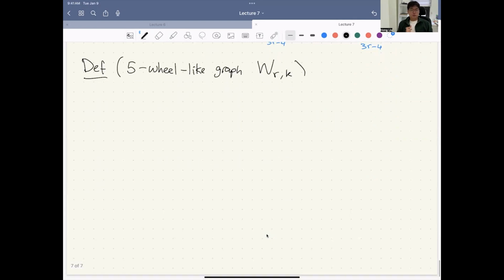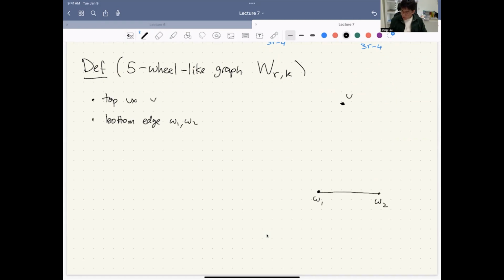How does this graph look like? Let me first draw the picture. So it looks like you have a top vertex V. You have a bottom edge W1, W2. So you have W1, W2 that form an edge. Okay. And we have 2 cliques, 2 r minus 2 clique, complete graph.